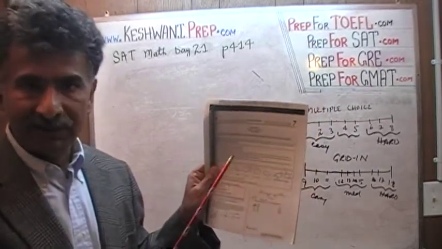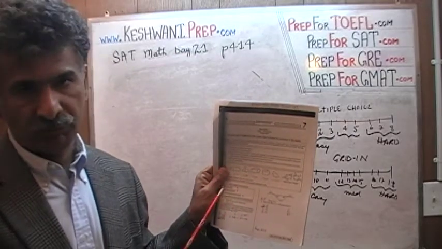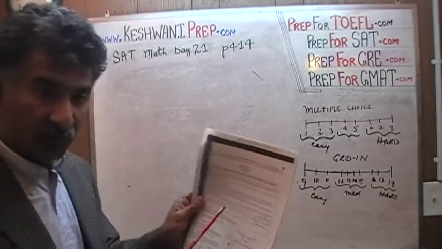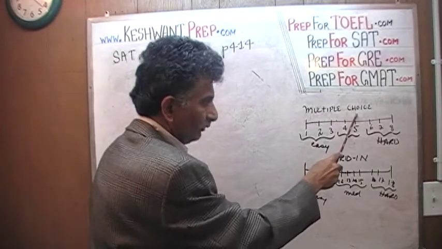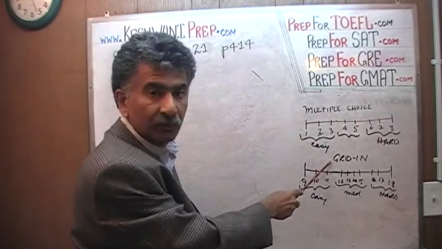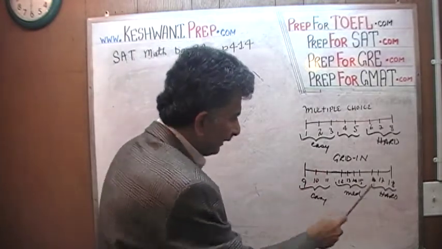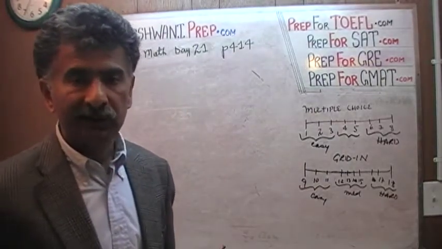The reason why that is not the case in this particular section is because there are two types of questions. That would have been true if all 18 were of the same type. Here, the first 8 questions are multiple choice questions. And starting from 9, we have grid-in questions, where you have to grid in your own answers. From 9 through 18, these 10 are grid-in questions. And therefore, we have two difficulty scales.